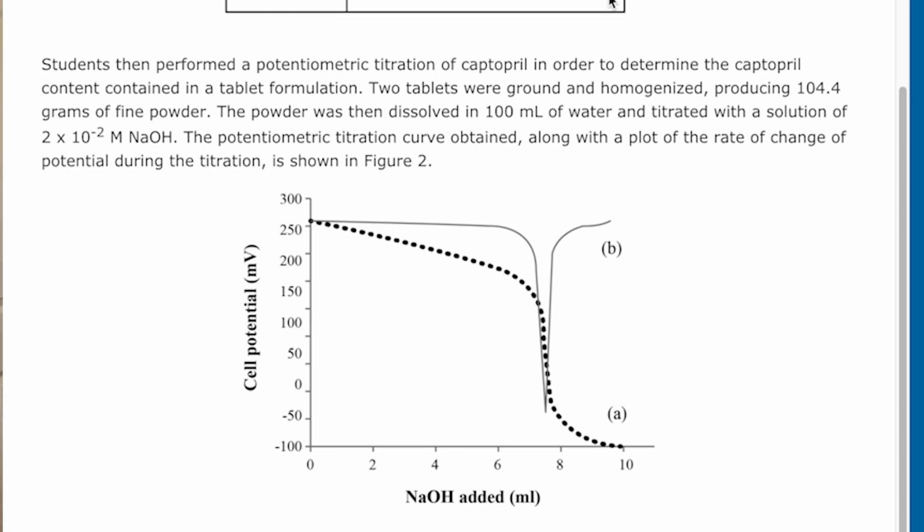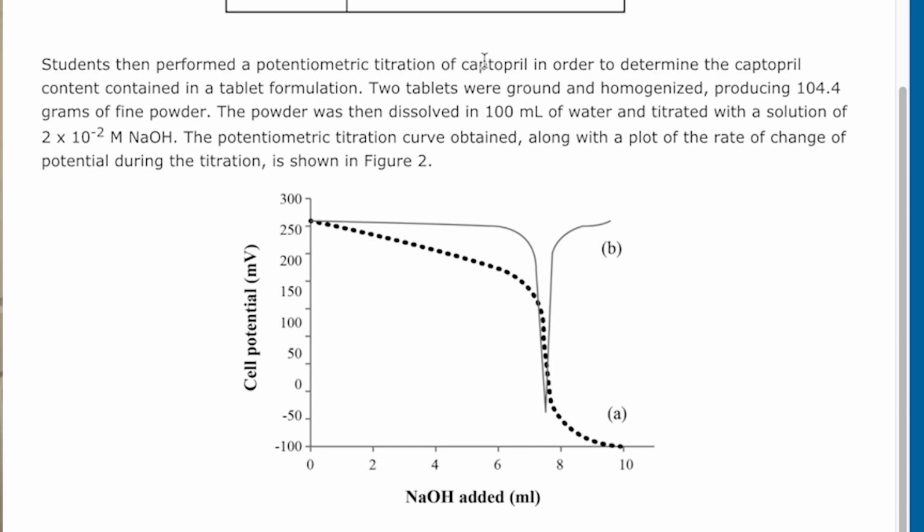The potentiometric titration curve obtained, along with a plot of the rate of change of potential during the titration, was shown in figure 2. And then we have this figure with the titration curve as we're adding in our sodium hydroxide. We can see the traditional titration curve appearance, that S-shaped curve.